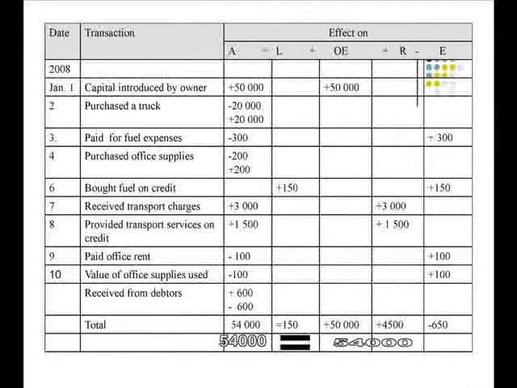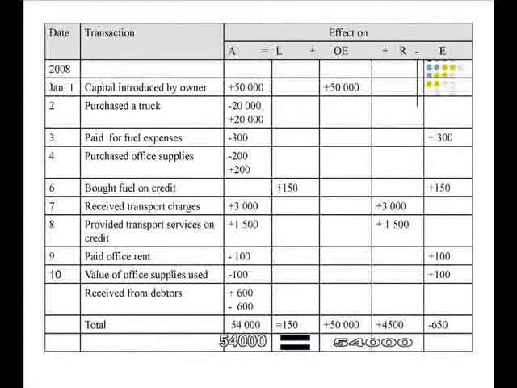Paid office rent, yes, straightforward. Expenses increase, asset decrease, that is cash at bank. Value of office supplies used: on the last day of the transactions, it says they recognize that they have spent or used 100 kina worth of office supplies.